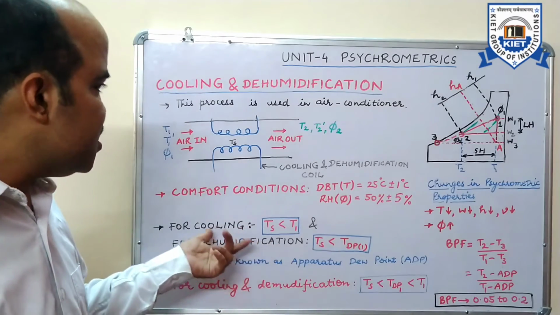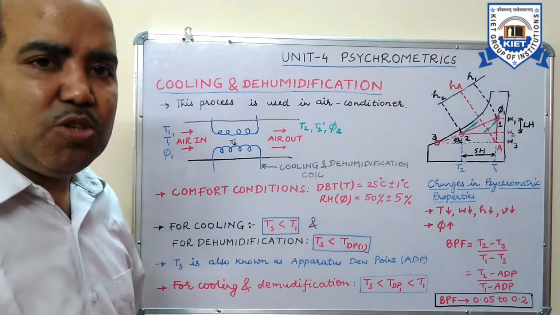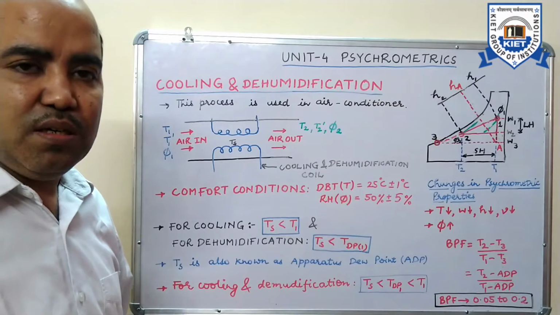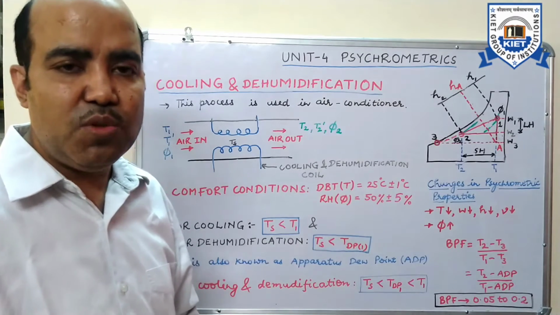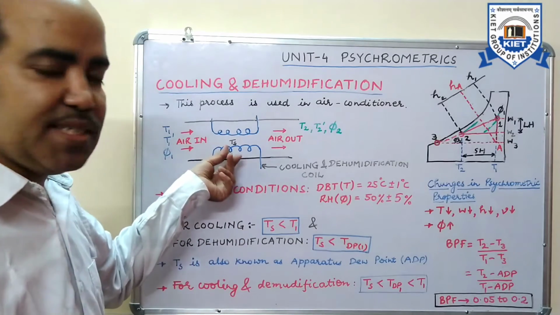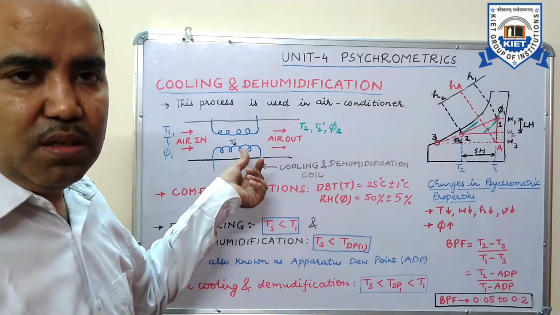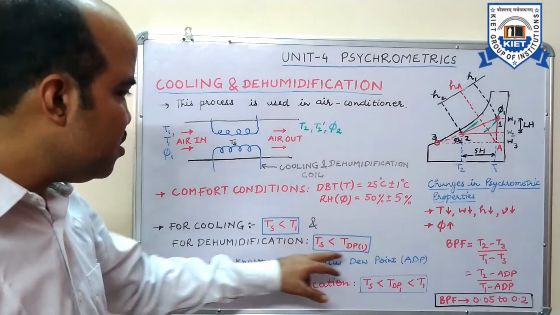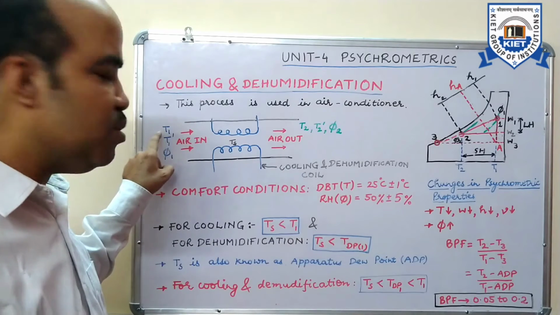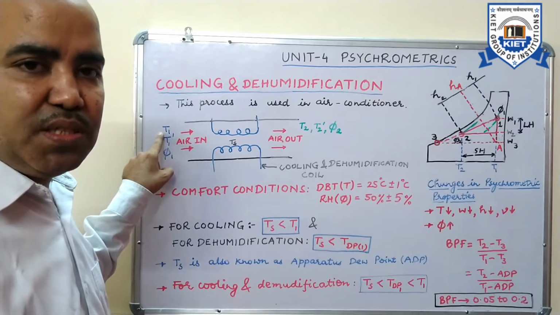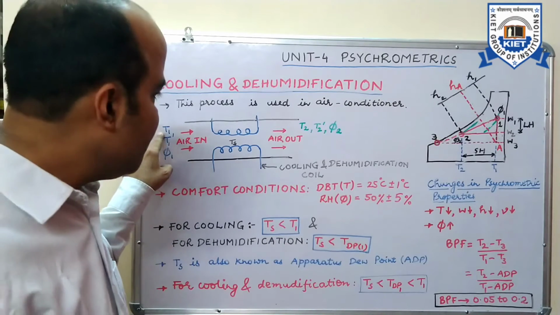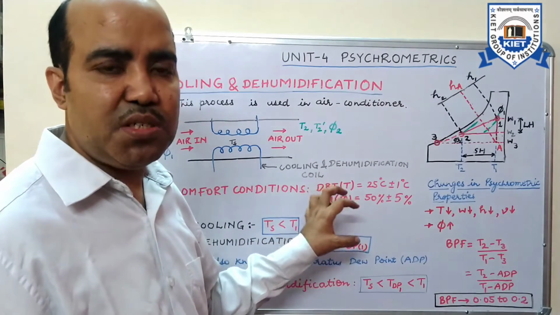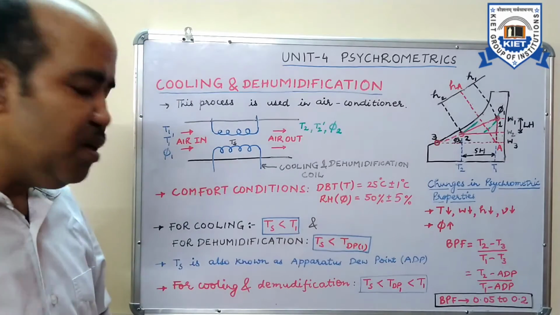Similarly, for the dehumidification to take place, that is for the removal of moisture from the moist air, Ts, the temperature of the cooling coil, should be less than the dew point temperature corresponding to the dry bulb temperature at which the air is entering. Then only the cooling and dehumidification both will take place.